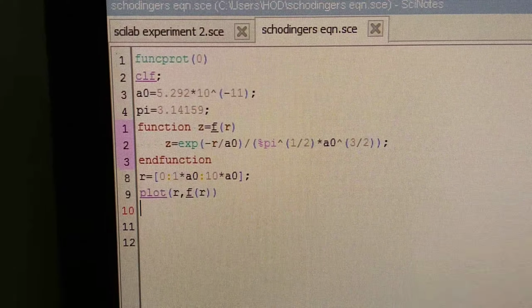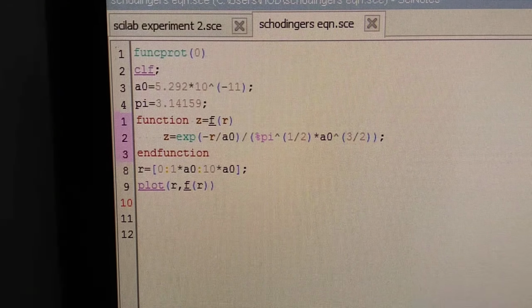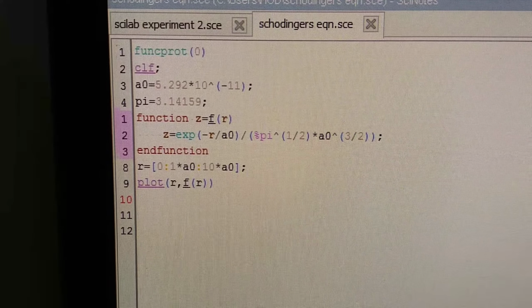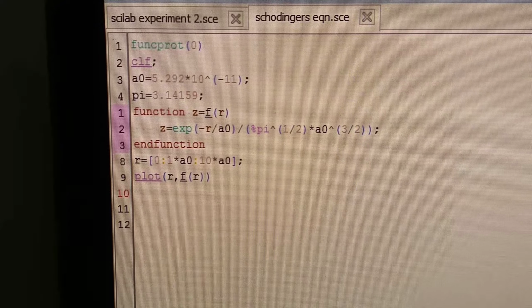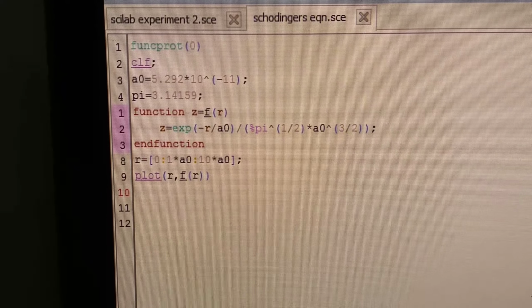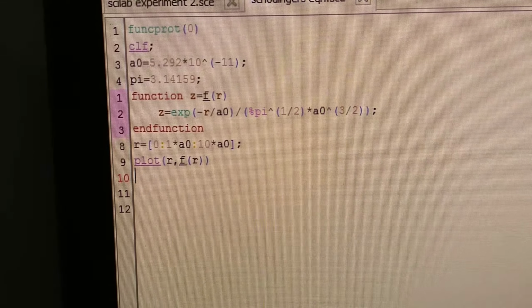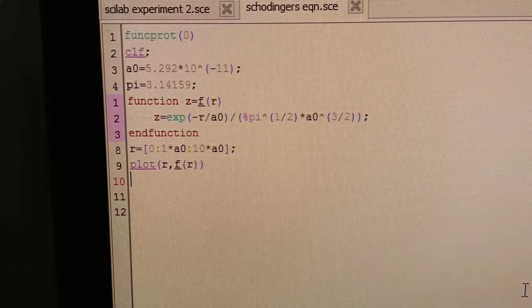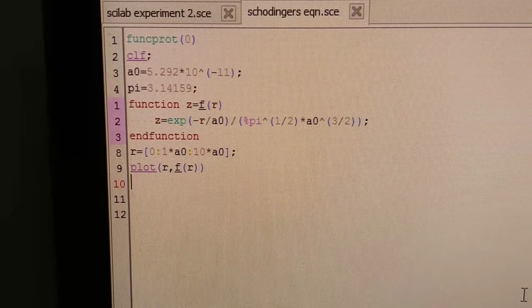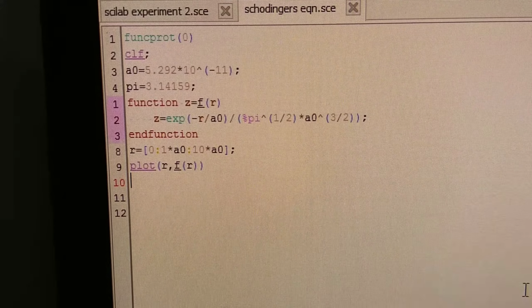You see, I have written the Schrodinger wave equation for the ground state of the hydrogen atom. You can see I have written the program for the time independent Schrodinger wave equation for the ground state of hydrogen atom. Then you save and execute.